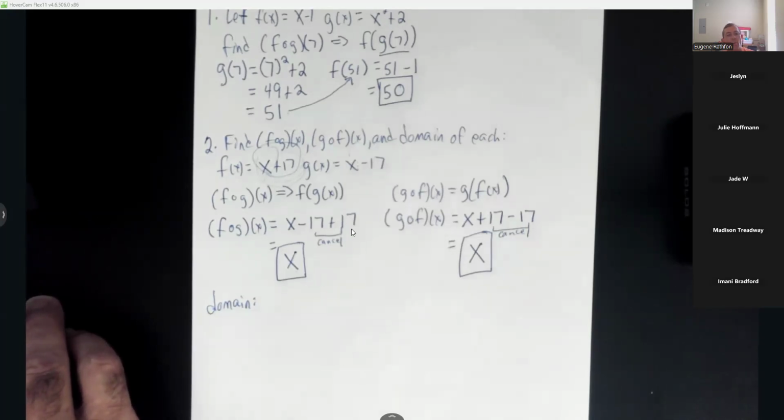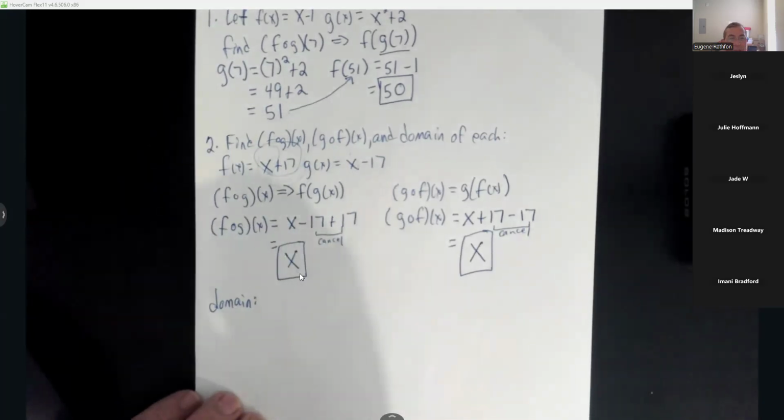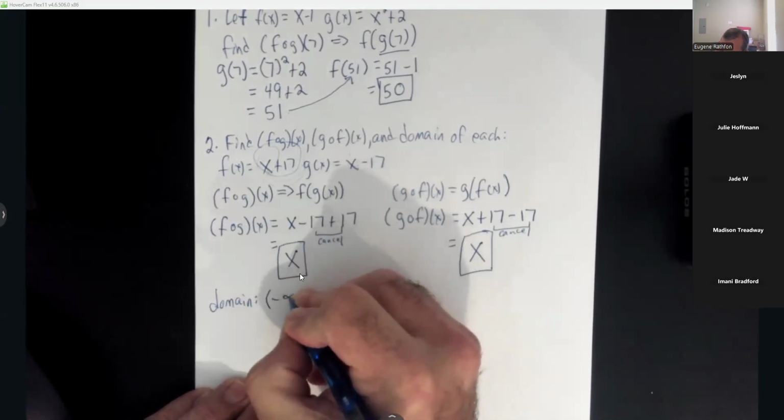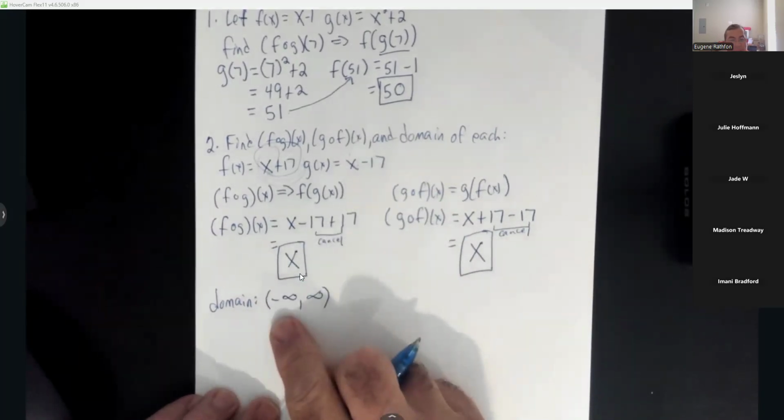Are there any numbers y'all would exclude from that domain? And y'all, if you remember, when I'm looking at domains, I'm looking at fractions. And y'all, x minus 17 plus 17 does not have a fraction in it. So since there's no fractions in the first function, it's good from negative infinity to positive infinity.